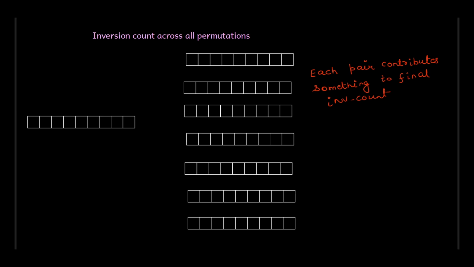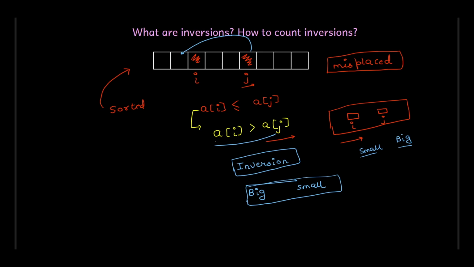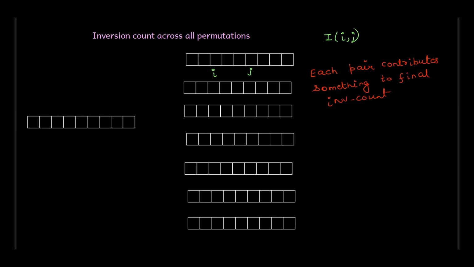And now notice another important fact: if you are considering the pair I comma j, the indicator variable that you just defined only looks at what? AI and AJ. This means that when you are counting the inversions for this permutation, whatever you have placed here does not matter.